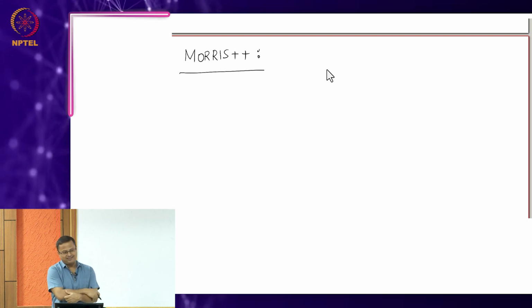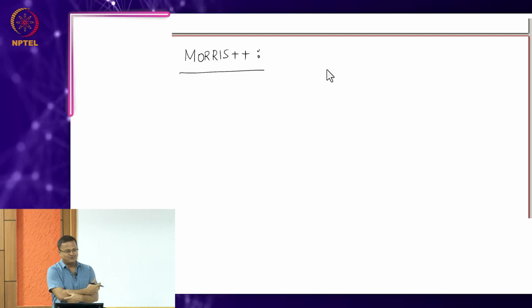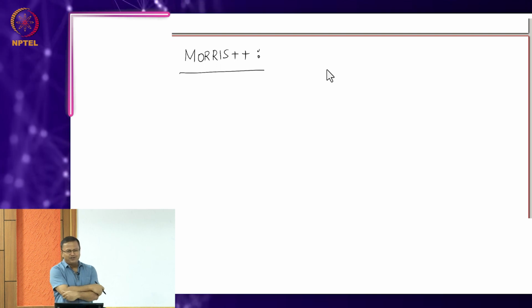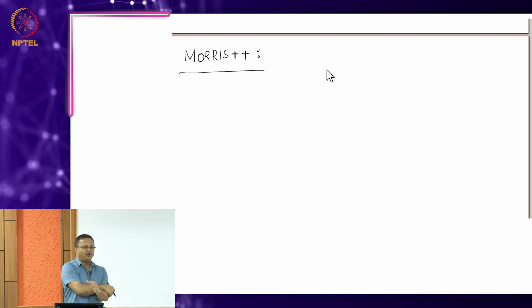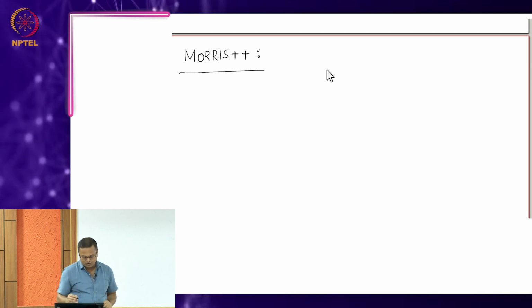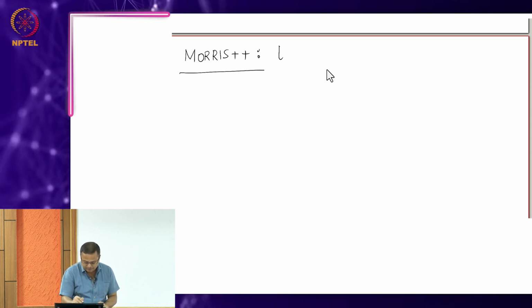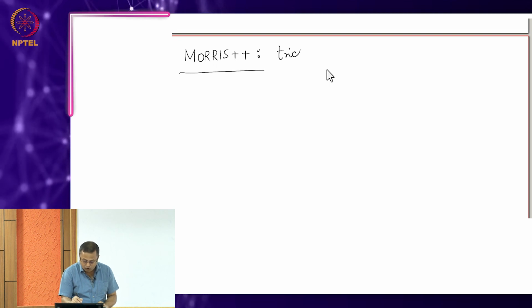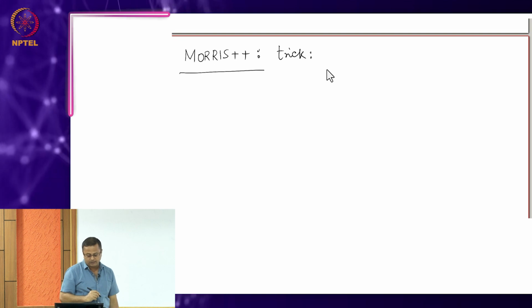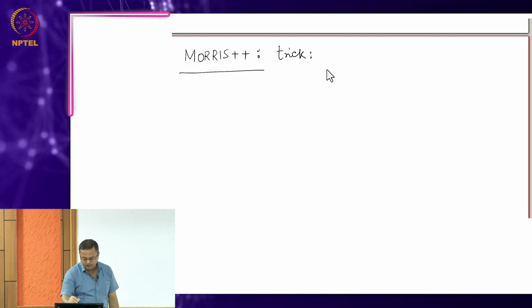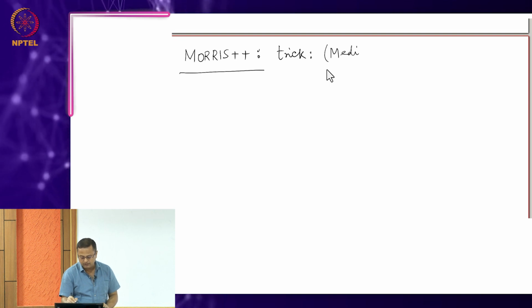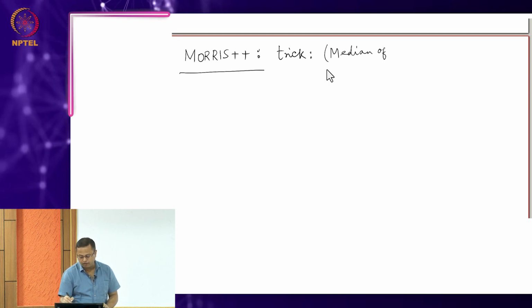Because you are doing the same thing. You could have done that earlier as well. Now you need to get a little bit non-linear. The other thing was linear, right? So the trick here, and this is an often repeated and used trick in streaming algorithms, is known as the median of means.